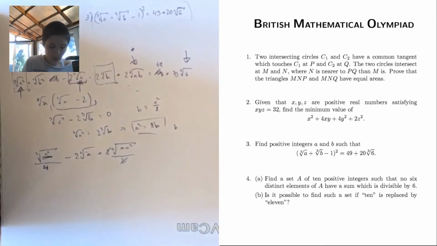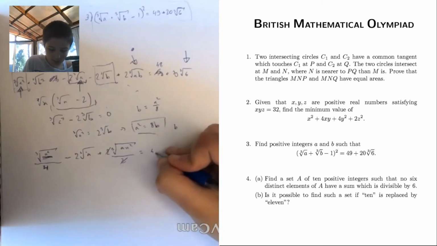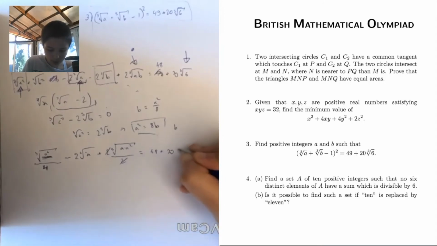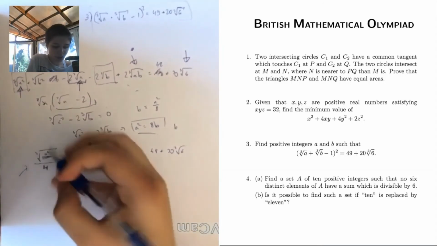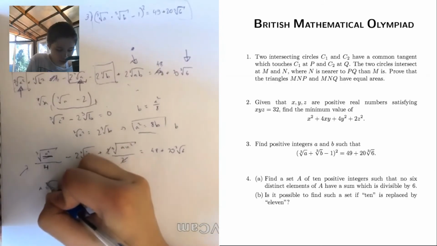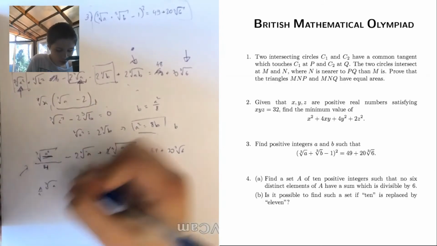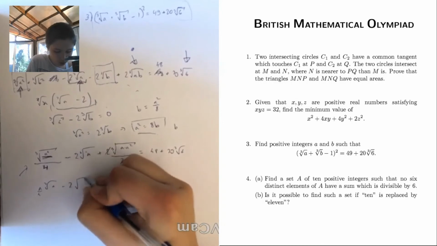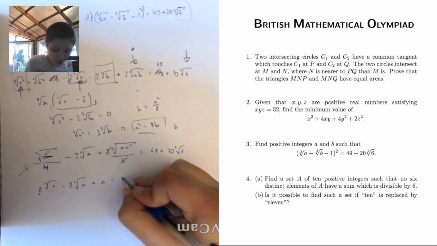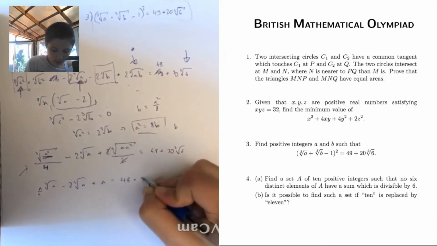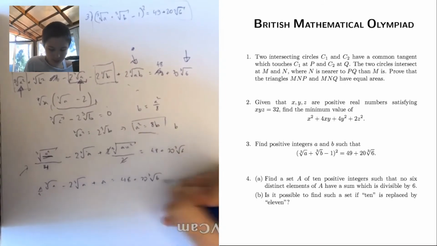And that's equal to 48 plus 20 cube root 6. Then doing a bunch of algebra on here, we have A times cube root A over 4, minus 2 times cube root A plus A is equal to 48 plus 20 cube root 6.